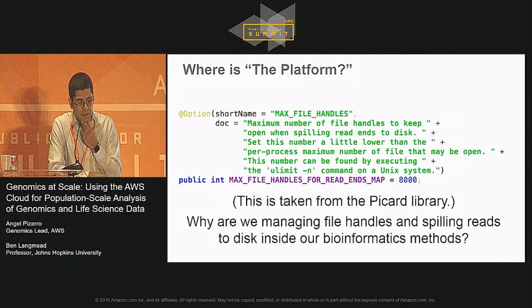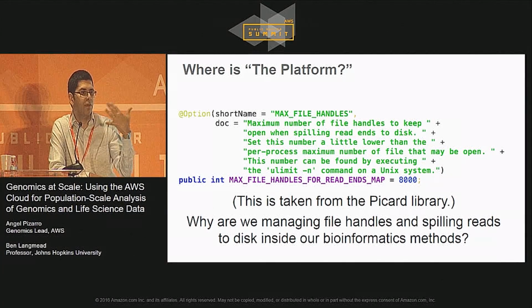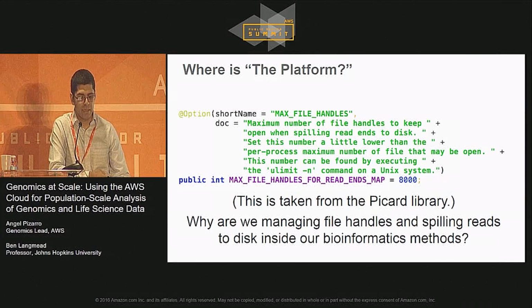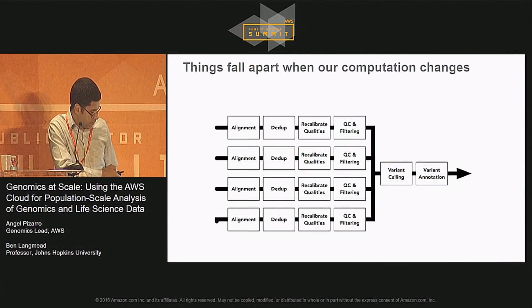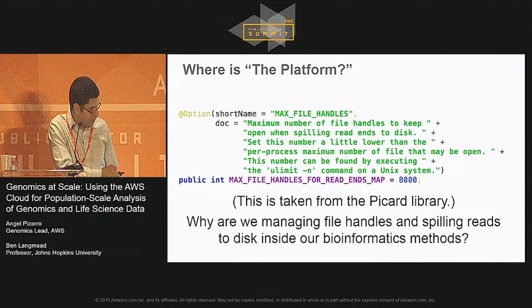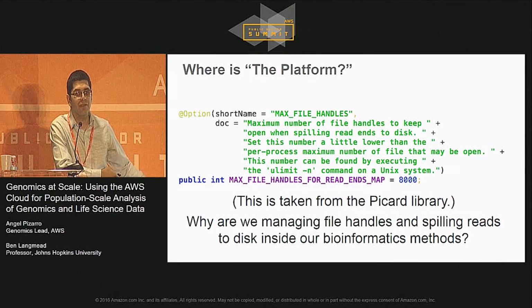But we're at a point where these file formats become our rate limiter. Right? Yes, you can take per lines and distribute it amongst the cluster, but these equate to file handles. And this is a portion of the Picard code. You're actually limited within Picard, or at least one version of it, to 8,000 samples at once.